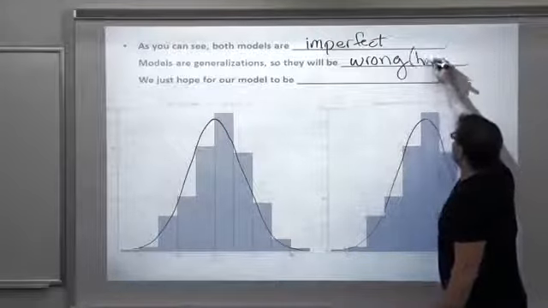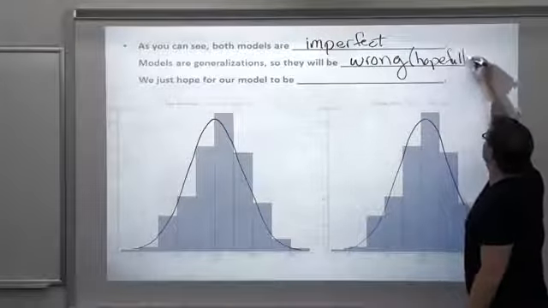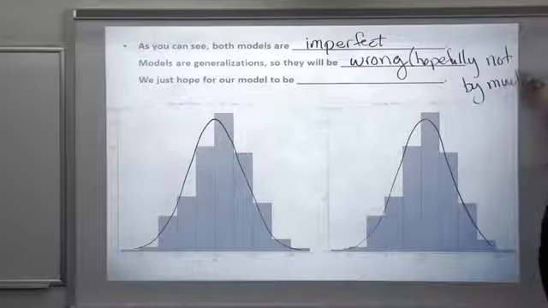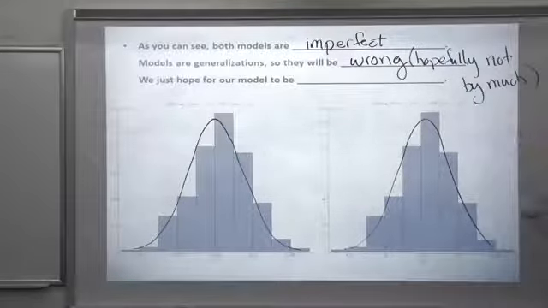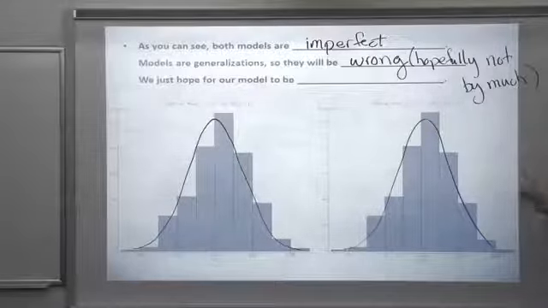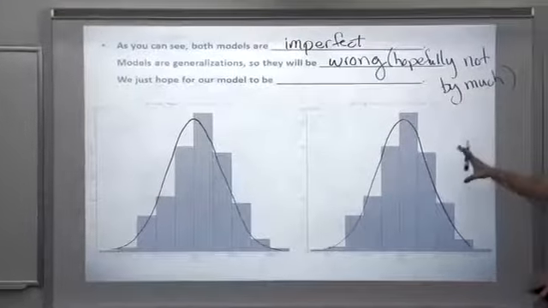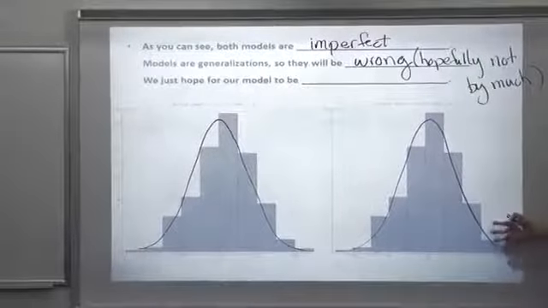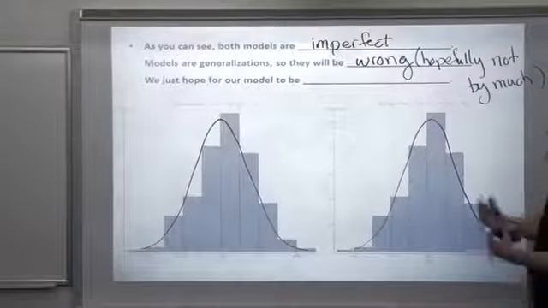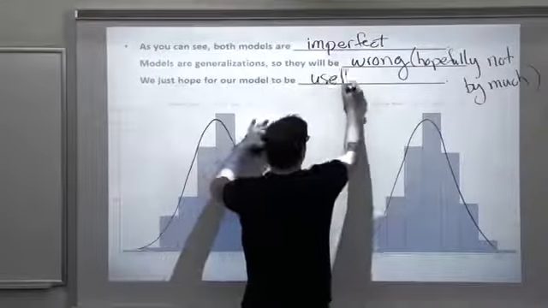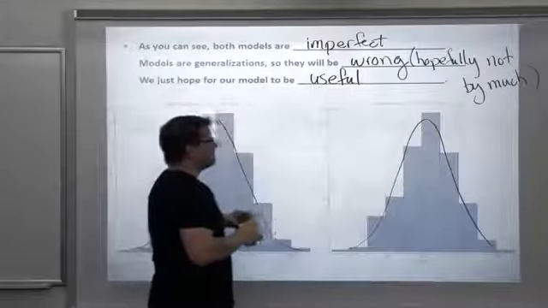Hopefully not by much. P.S. Models will be wrong, hopefully just not by much. We just hope for our models to be useful. We'd like to use models to make predictions, okay, to run hypothesis tests. We just hope for our model to be useful.